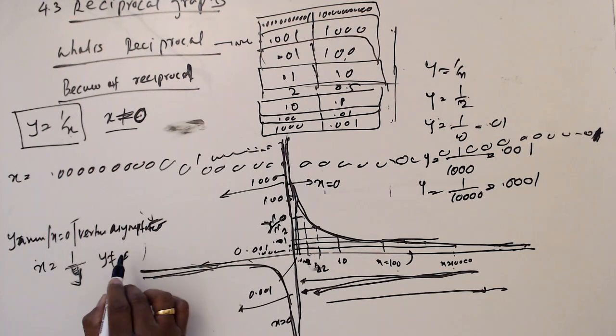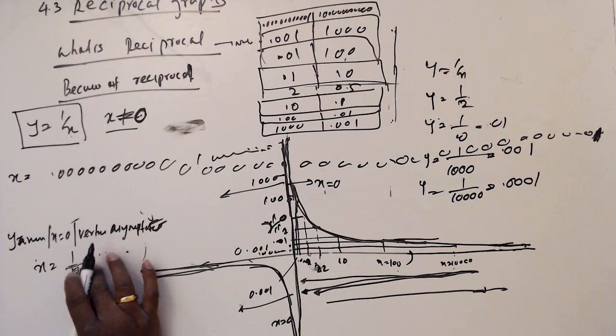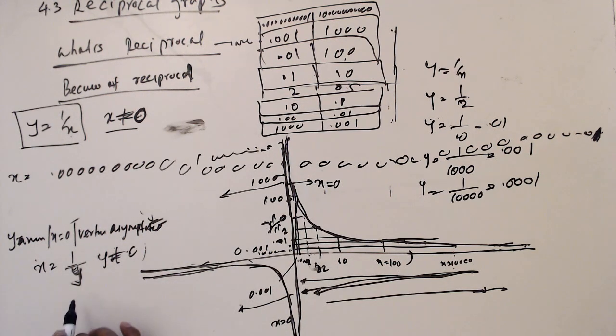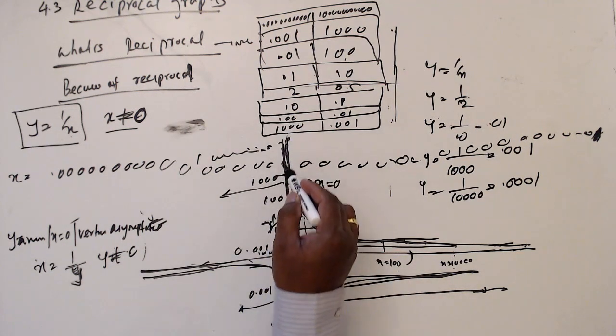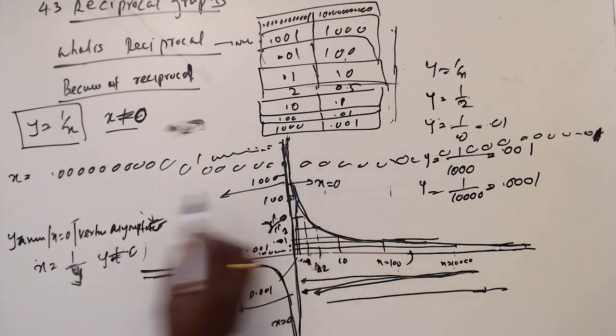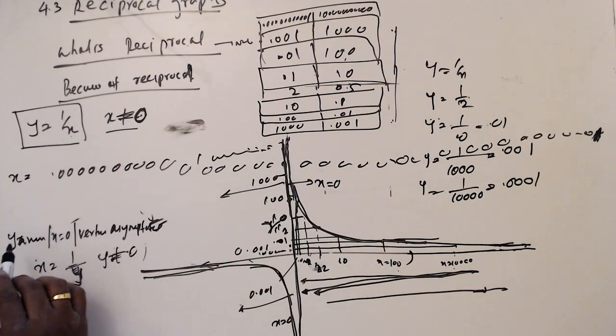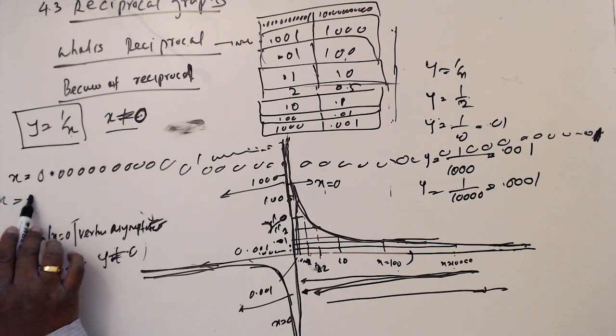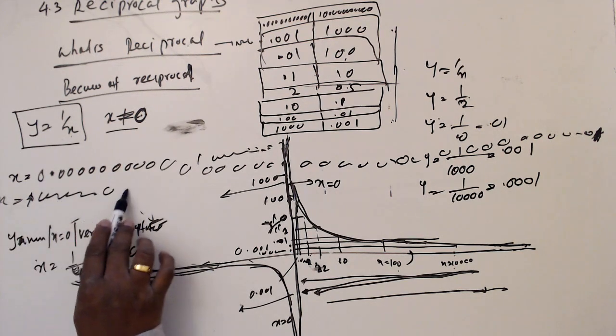Y also is an asymptote because you can't take y equals 0. You can see from the function that when x is 1000, 10,000, I am increasing this way, and I write a big x value, putting all the zeros, 1 0 0 0 0 0 0.